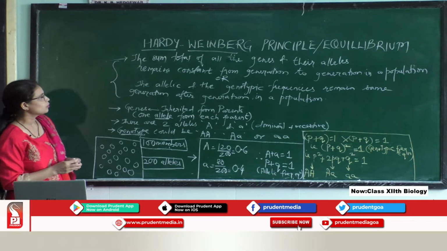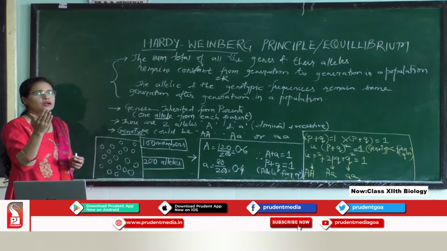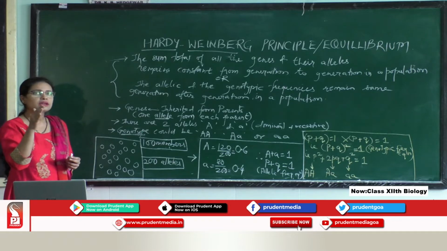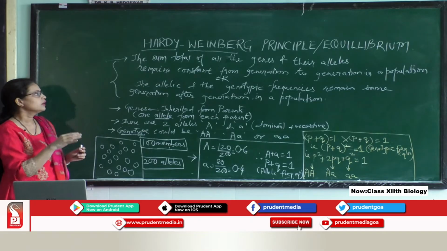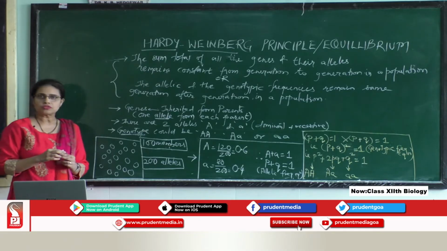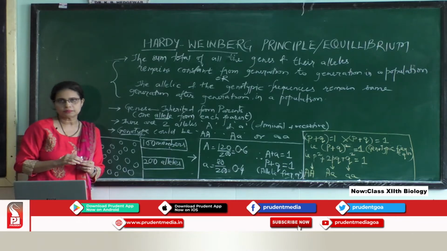The sum total of all the genes and their alleles, we know that genes have different variants called alleles, remains constant from generation to generation in any given population.